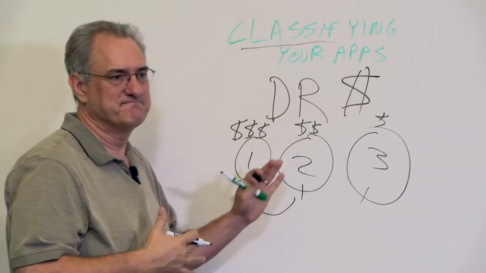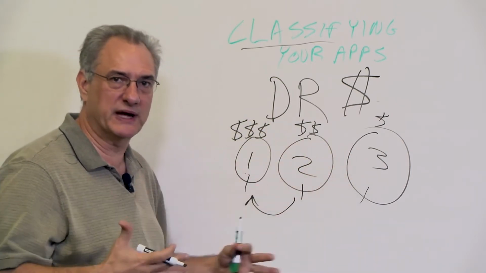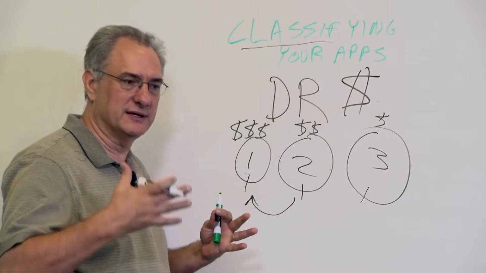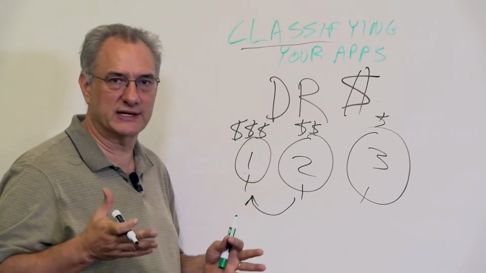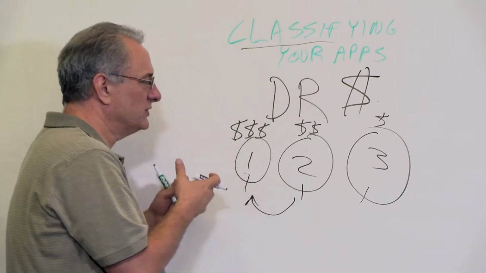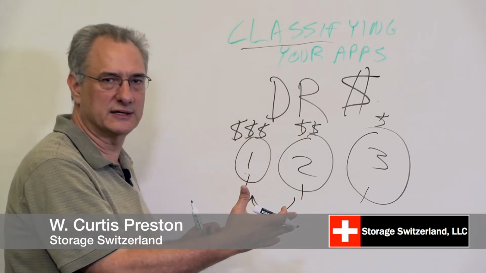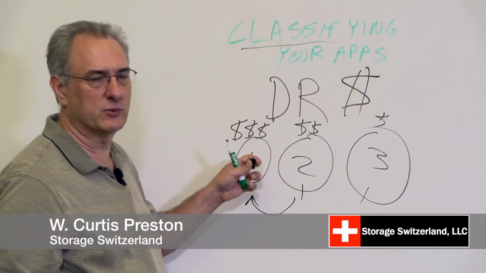For every hour that you can add to the expected recovery time, the recovery time objective, and the recovery performance expectation, everything that you can slow down just a little bit saves you money in the back end. And so you need to classify your apps to save money and also to have a better experience during recovery.